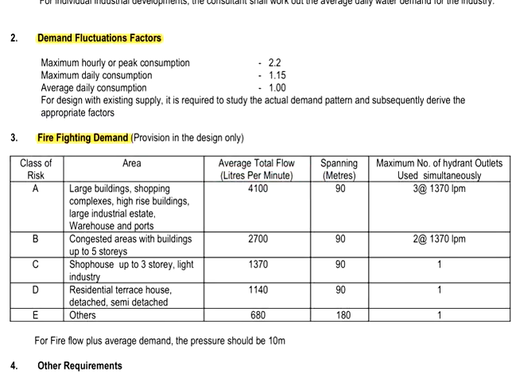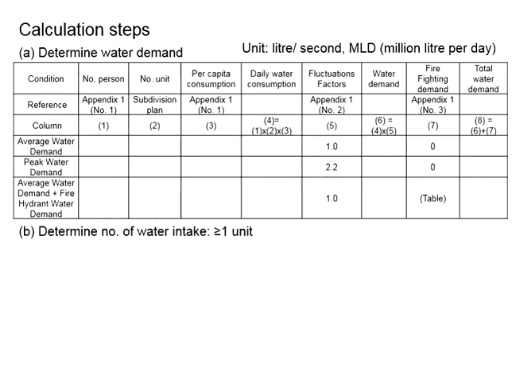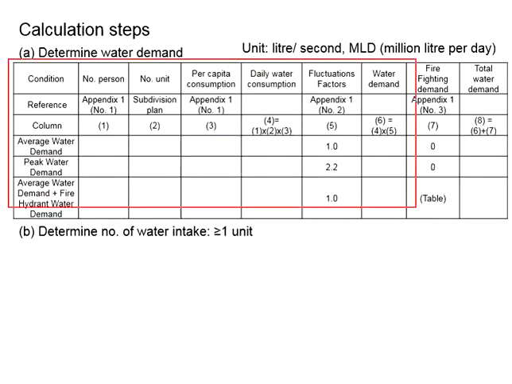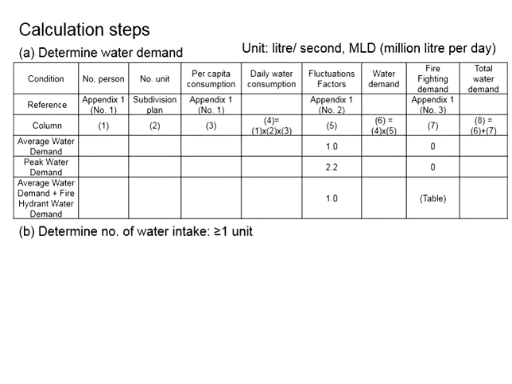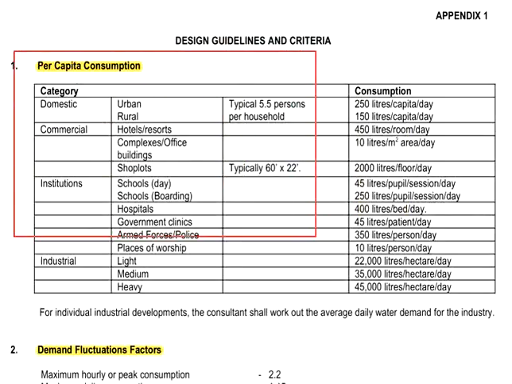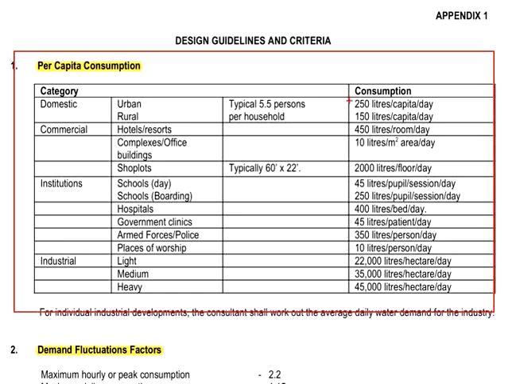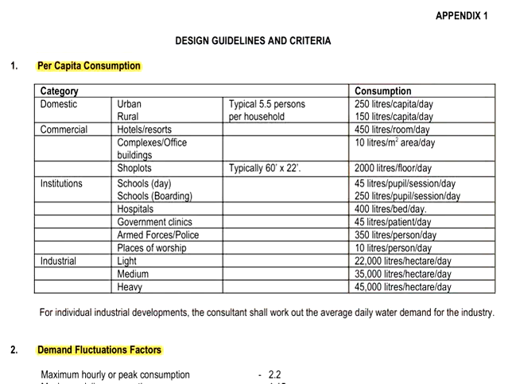You will need to be very careful with the units given here, especially when you are computing the water demand using this table. The water demand here is calculated on the basis of the daily water consumptions based on per capita consumption, which refers to the table here. It is on the basis of liters per day.